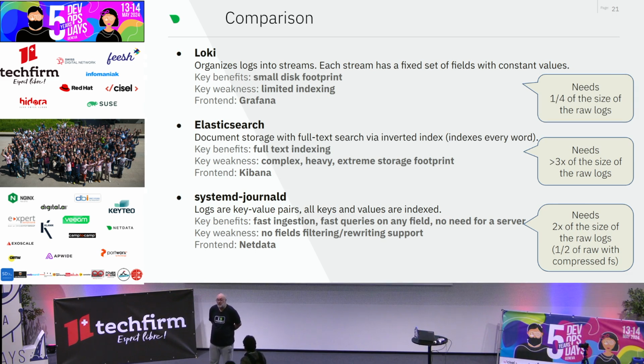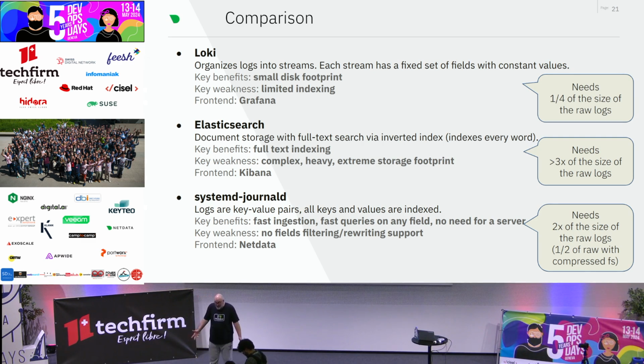It indexes everything, and at the same time, it's fast. It doesn't need any memory. It's extremely lightweight, just a few megabytes of memory, 5, 10 megabytes of memory, something like that. Almost wire speed, so how fast is your network, how fast is your disk, systemd journal ingestion will do it.